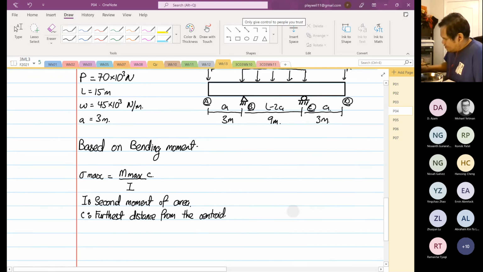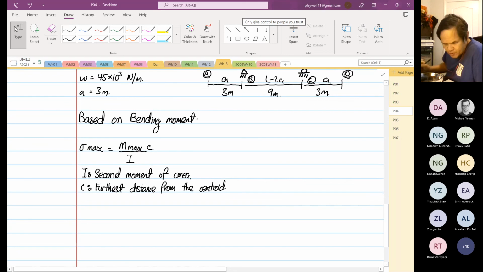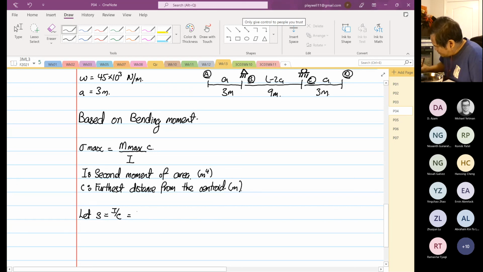I'm going to introduce a new term, where we're going to let S be equal to I over c. If everything is in meters, the unit is meter cubed.